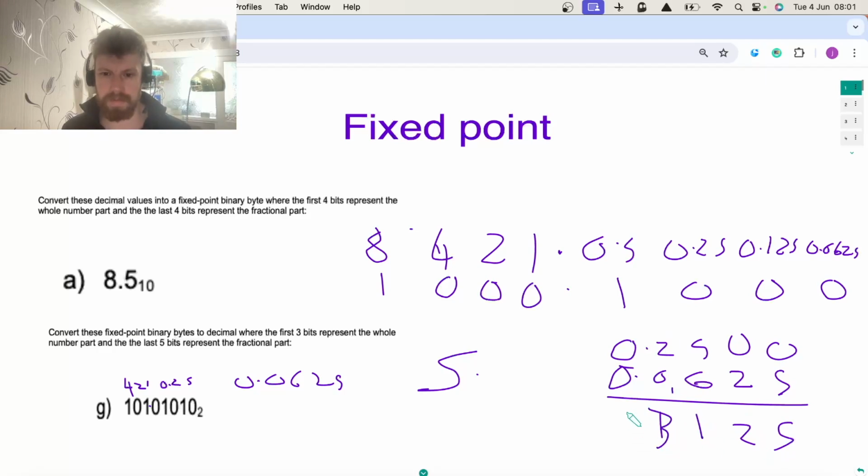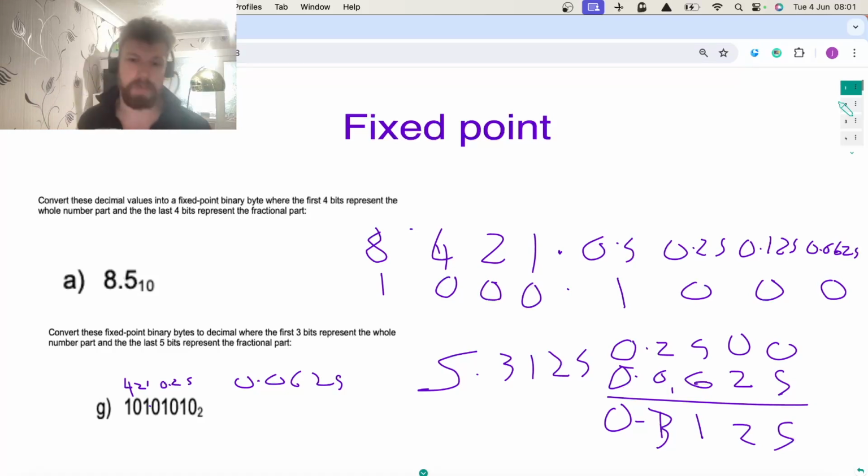So that's going to be 3, just one there. And then we just write in the number after it, so it's going to be 3.1 2 5. Perfect. So that's fixed point. It's just putting the different decimal numbers above the binary digits, which is the main thing people get wrong. As long as you do that, you're going to be absolutely fine on those.